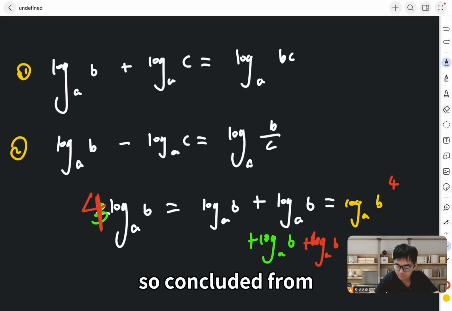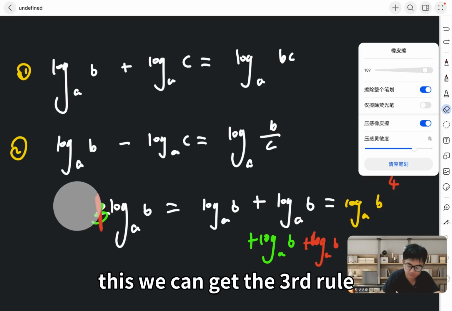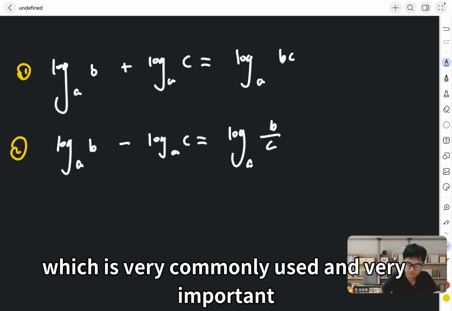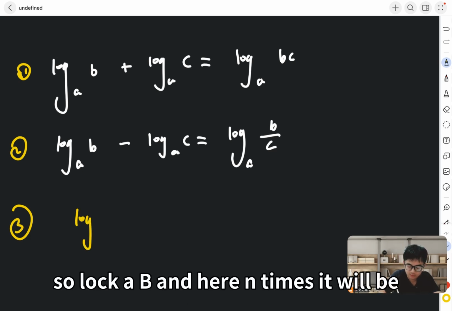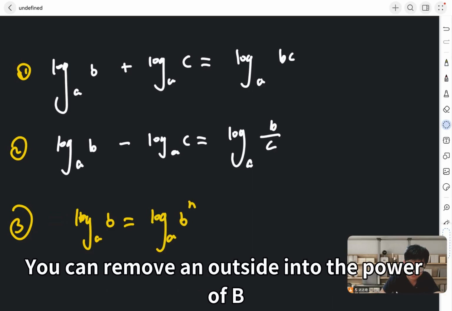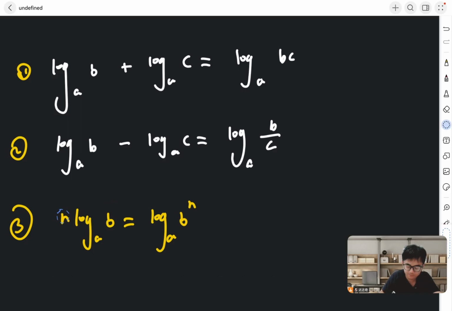So concluded from this, we can get the third rule, which is very commonly used and very important. Log a of b to the power of n equals n times log a of b. You can move n from outside to the power of b.